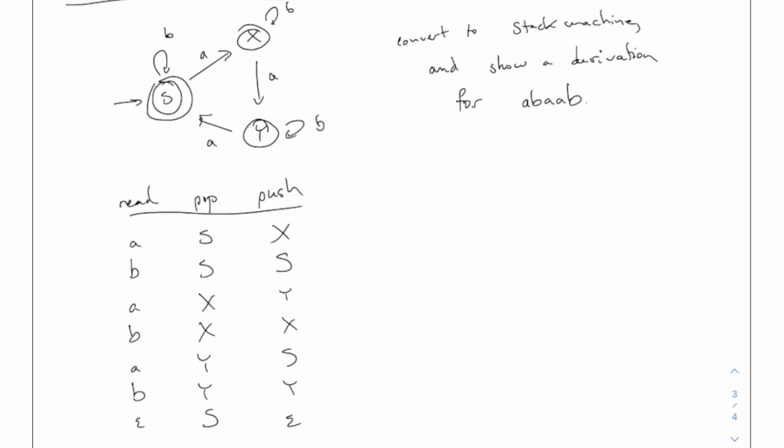Don't forget the epsilon S epsilon should be the very last one to indicate the accepting state for the stack machine. And then my derivation, A, B, comma, S.